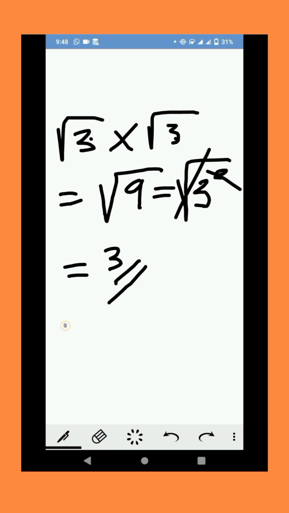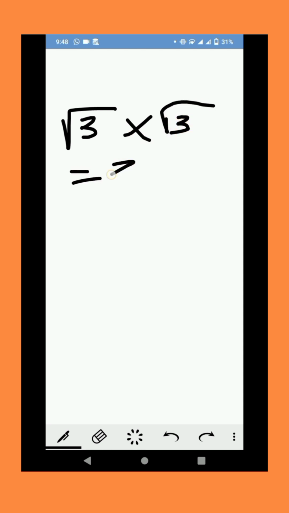So generally, root b times root b is equal to b. Alright, so that's what we need to know about like surds: when you multiply 2 like surds, you get the value inside. So root 3 times root 3 would surely be equal to 3.